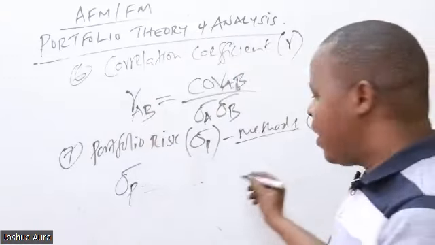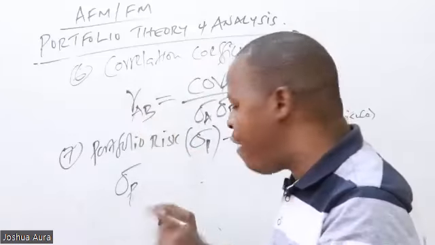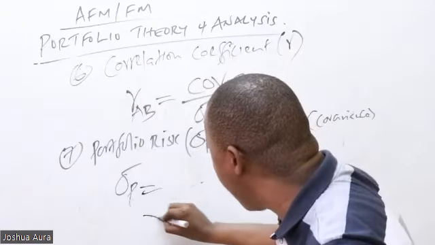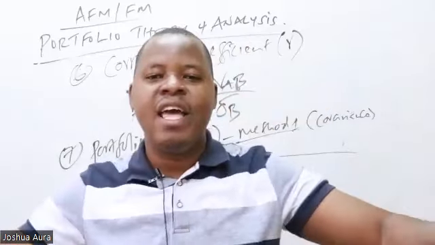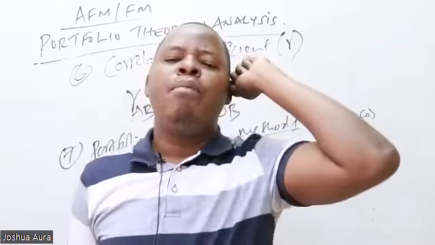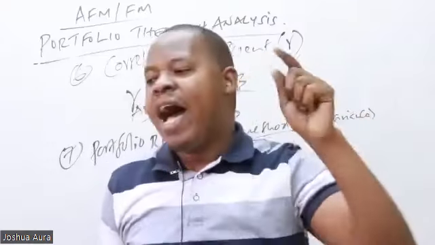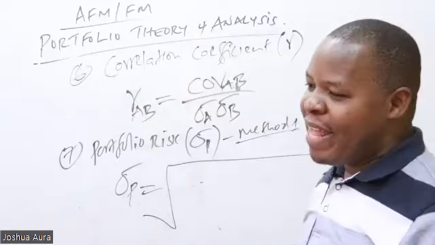Using covariance, given covariance. And you know how to compute covariance. I have shown you. So this one will be equal to, you start with the bigger square root. Even if you forget everything, just remember, portfolio risk has a bigger square root. The portfolio risk formula has a bigger square root. Then you will remember the rest.